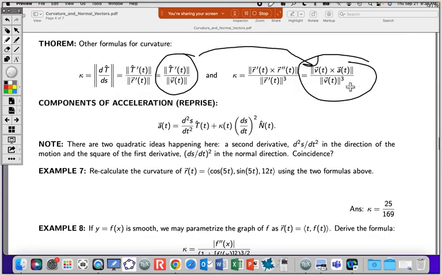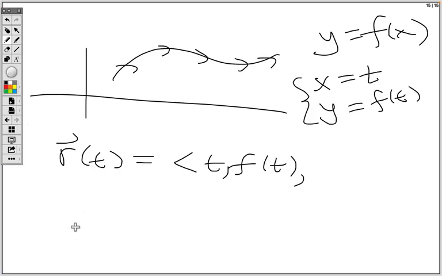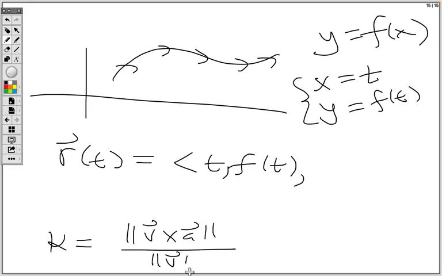And if you want to use this formula for curvature, notice we're taking a cross product. So what do we need for cross products? Can you technically take the cross product of 2D vectors? In other words, if I want to use this formula here, I could find my velocity and acceleration, but technically, how would I take a cross product of those two vectors if they're not three-dimensional?